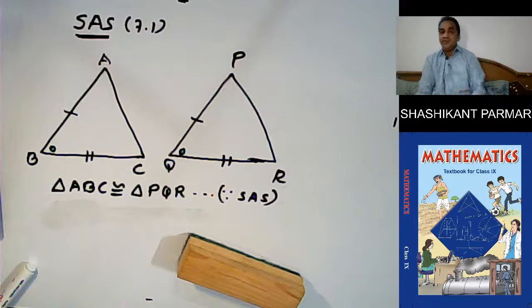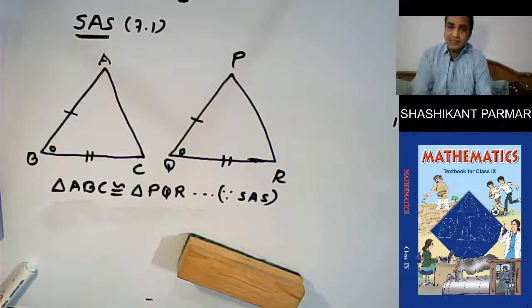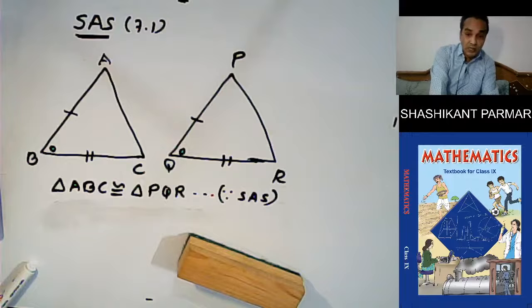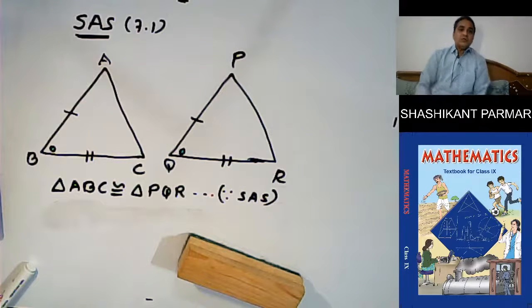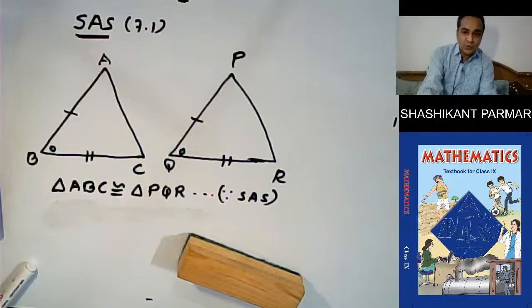One angle is equal, but it is not the included angle in between the two sides. Now see, if we place it over the other triangle, you can see that it does not cover completely. So both figures are not congruent.